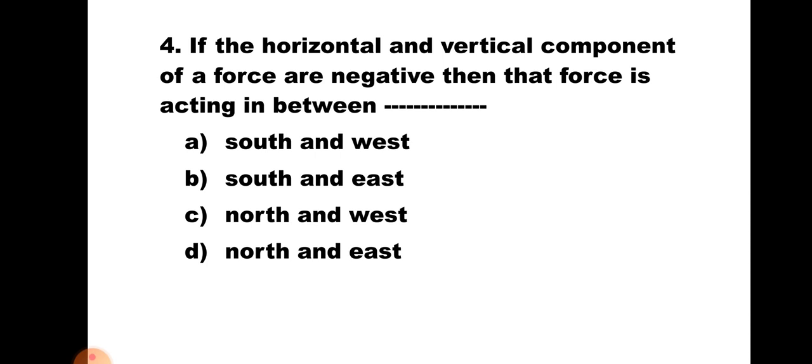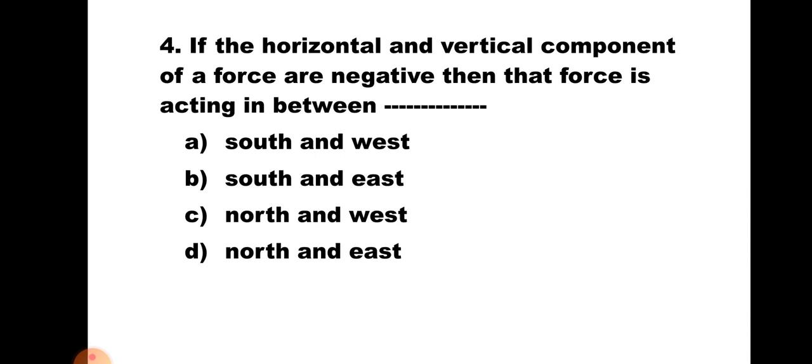Question number 4. If the horizontal and vertical component of a force are negative, then that force is acting in between A. South and west, B. South and east, C. North and west, and D. North and east. Now here the sign of the components are given and you have to identify in which quadrant the force is acting.